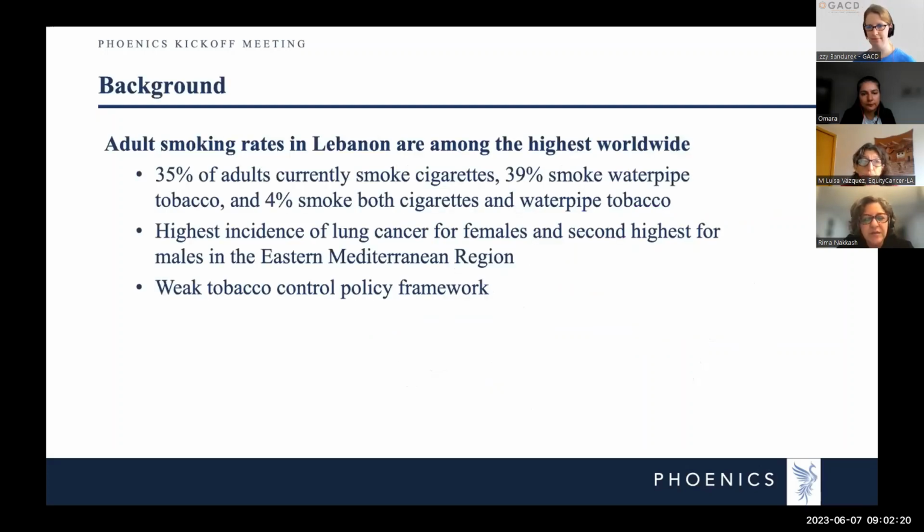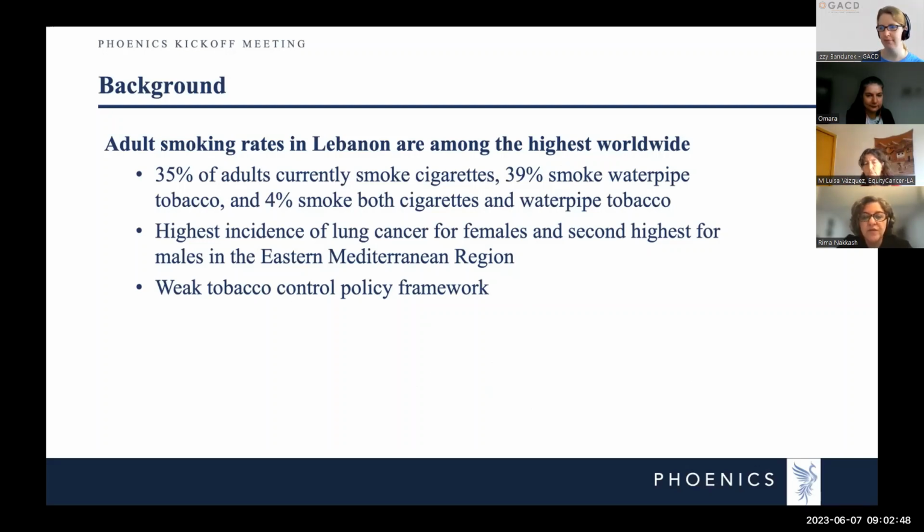But just a little bit of background on the context in Lebanon. It's a context where there is very high tobacco use, very high cigarette tobacco use among adults and youth, and also very high use of an alternative tobacco product, which is water pipe tobacco. It's high among younger age groups and increasingly among women and men.